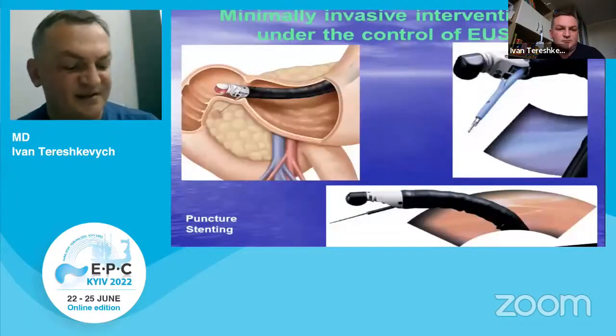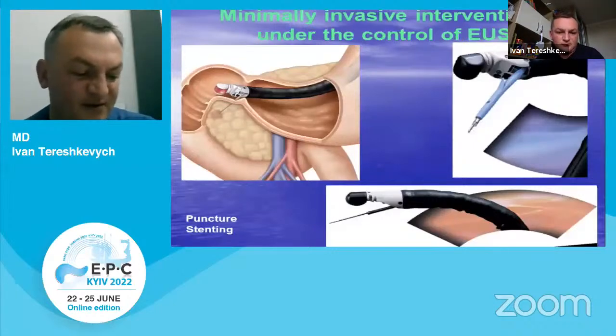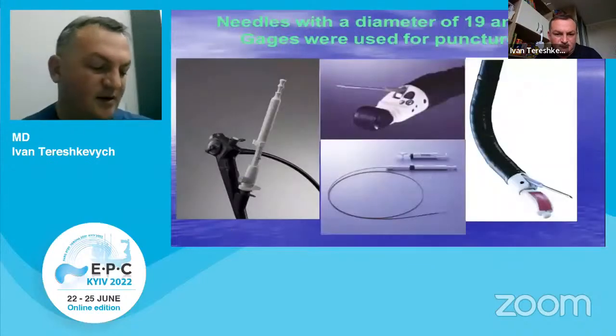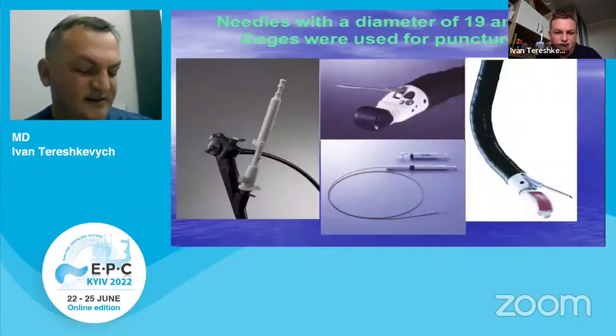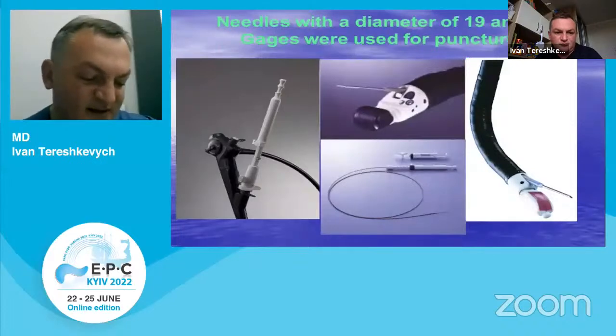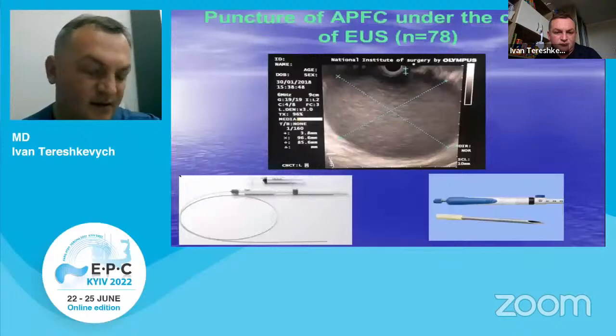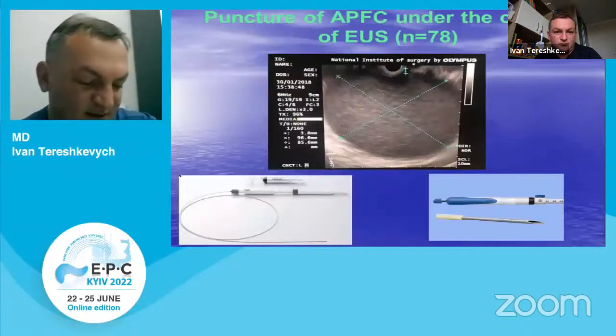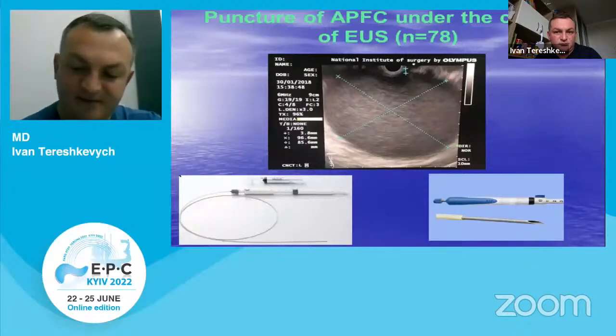This slide presents the main treatment methods that have been used. Needles with a diameter of 19 and 22 gauge have been used. The slide shows a fluid collection that has been punctured and aspirated.